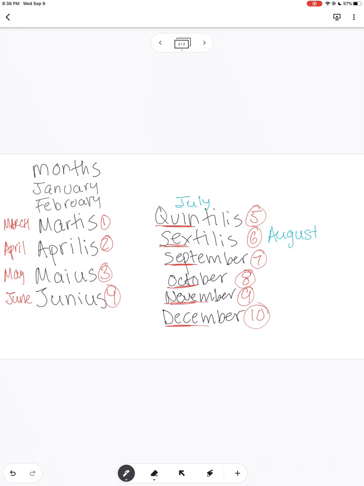So he gave us those 2 months, and that's how we get our 12-month calendar. So these are the months in a year, and those are what they're called.